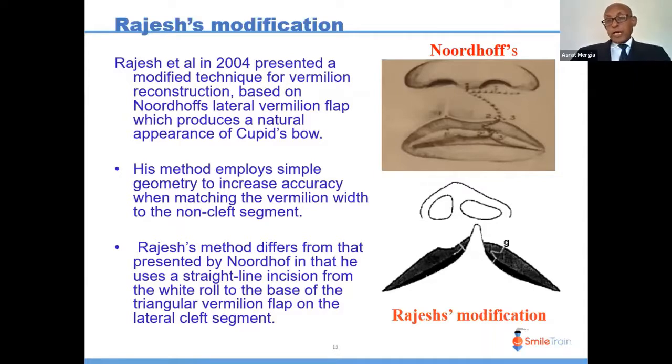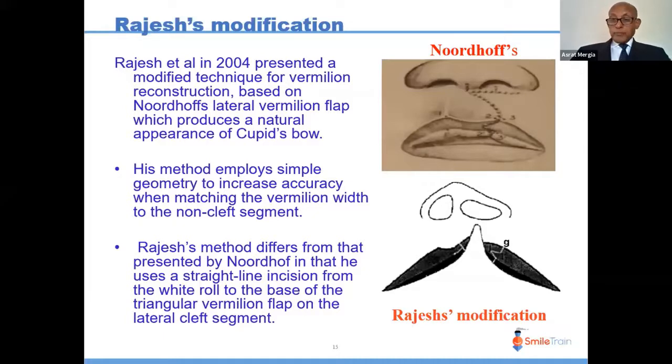And then, of course, in both Noordhoff and in Rajesh, the lower part of the flap always ends at the vermilion border or at the red line. So this is the same as in Noordhoff. So he has really improved my two concern issues.